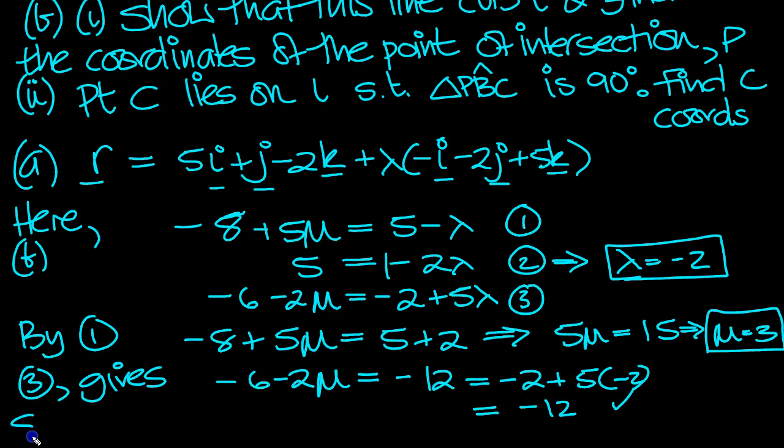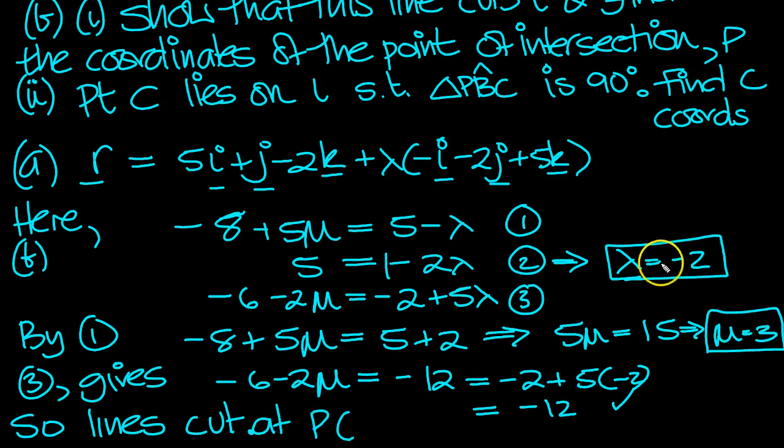So the lines intersect, or the lines cut each other at P. And the coordinates of P: mu is 3, or lambda is minus 2, put it in here. The left-hand side will be the x, y and z. Lambda is minus 2, so 7. Minus 2, you get 5. Minus 2 here, minus 12. So there are the coordinates of the point P where they intersect.